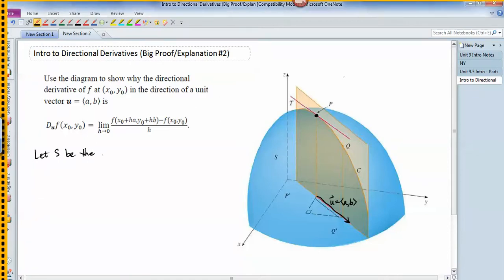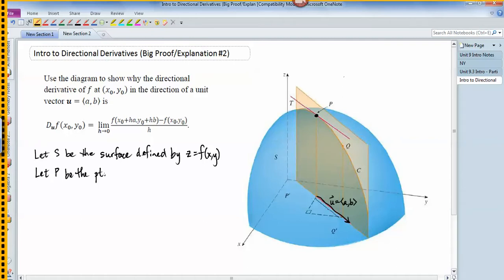Let S be the surface defined by z equals f of x, y. Okay. Let P be the point x naught, y naught, and then the z value is whatever you get when you plug that into f.